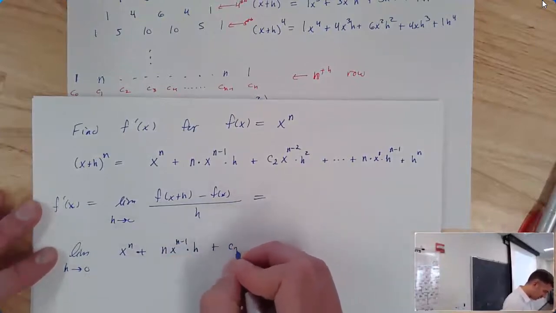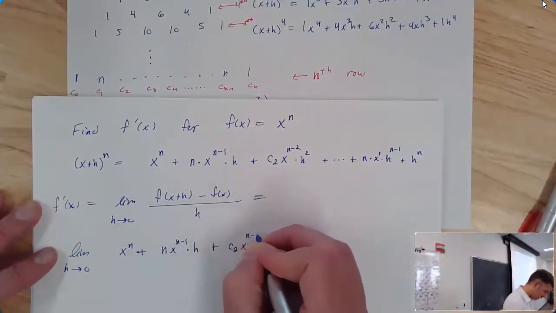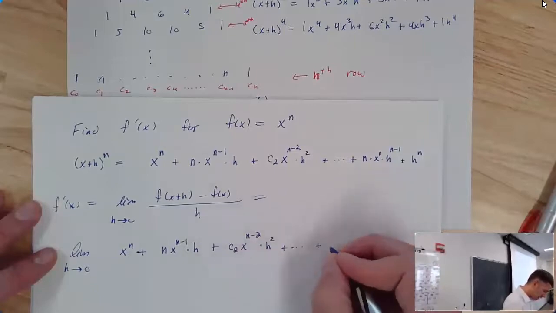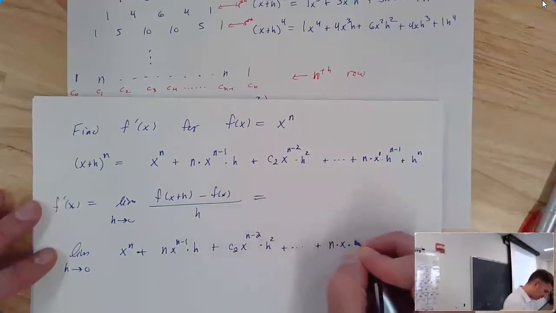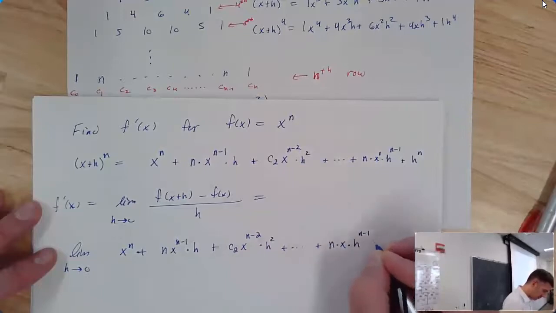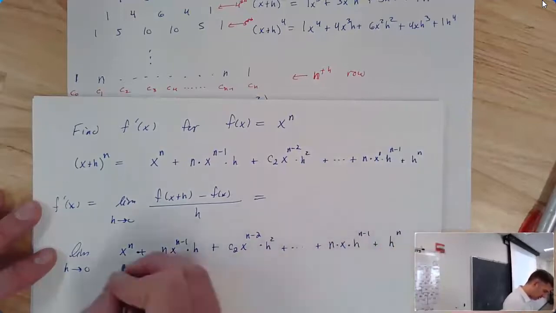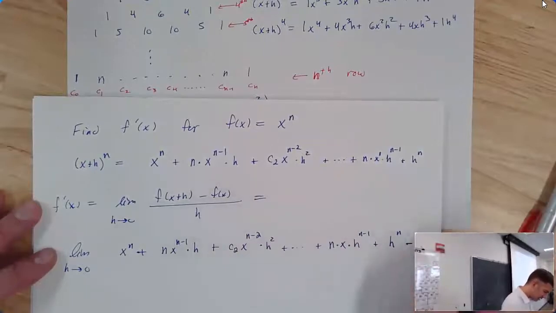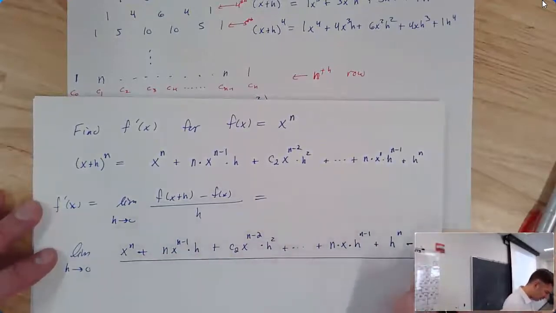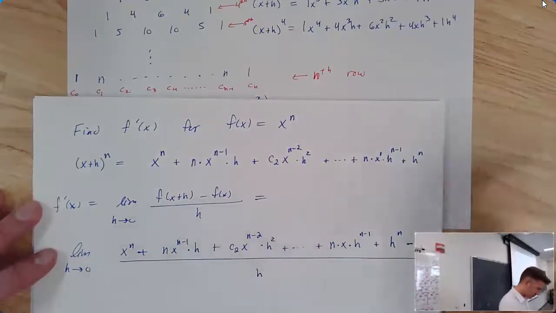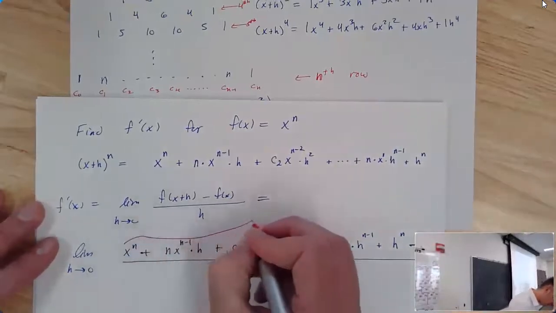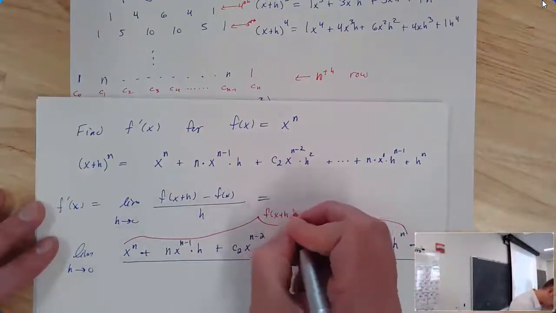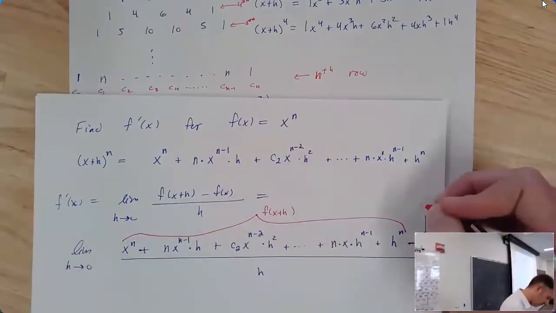Plus c2 times x to the n minus 2 times h squared, plus all the way down to n times x times h to the n minus 1 plus h to the n, minus f of x, which is x to the n, all divided by h. Just to be super clear, all of this first part, that's my f of x plus h. And that part right there, that's my f of x.